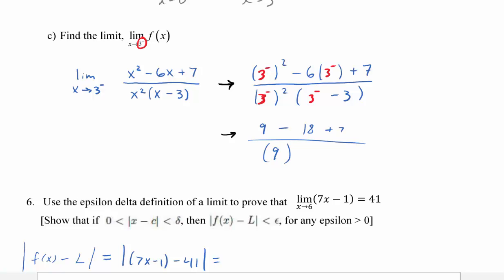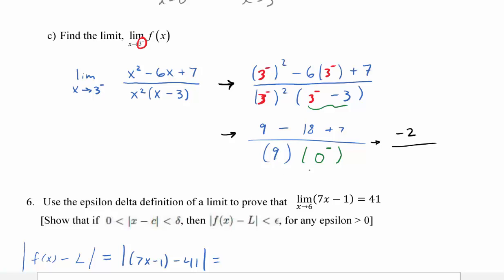But where we really do care is here. 3 minus 3 is 0, but we really care now that we're approaching 0 from, well, it's slightly less than 3, so like 2.9 minus 3 is negative. So we're approaching 0 from below here. That gives us 9 minus 18 plus 7 is negative 2.